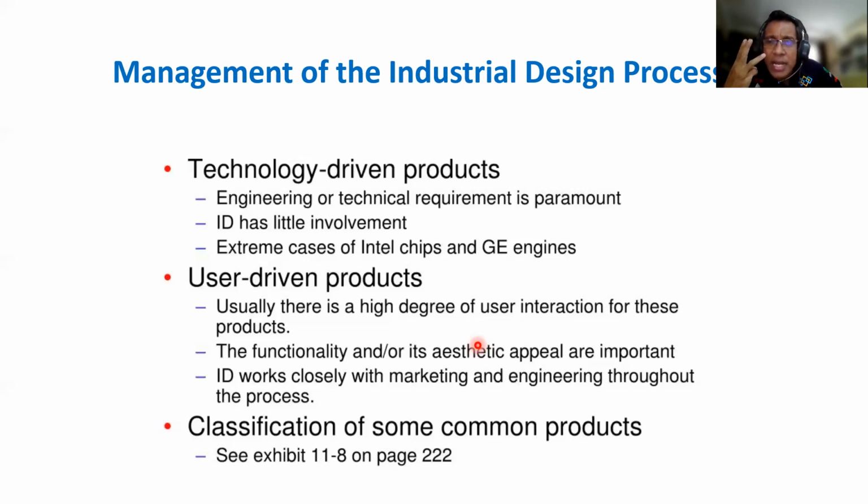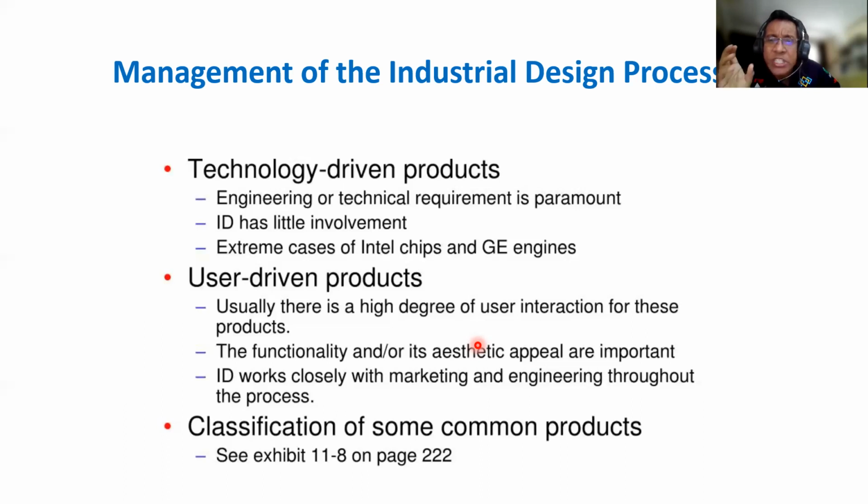So the product's external appearance is very important to differentiate the product, to see what this product looks like. So we can differentiate by appearance of the product. That is very important to create pride of ownership as well.